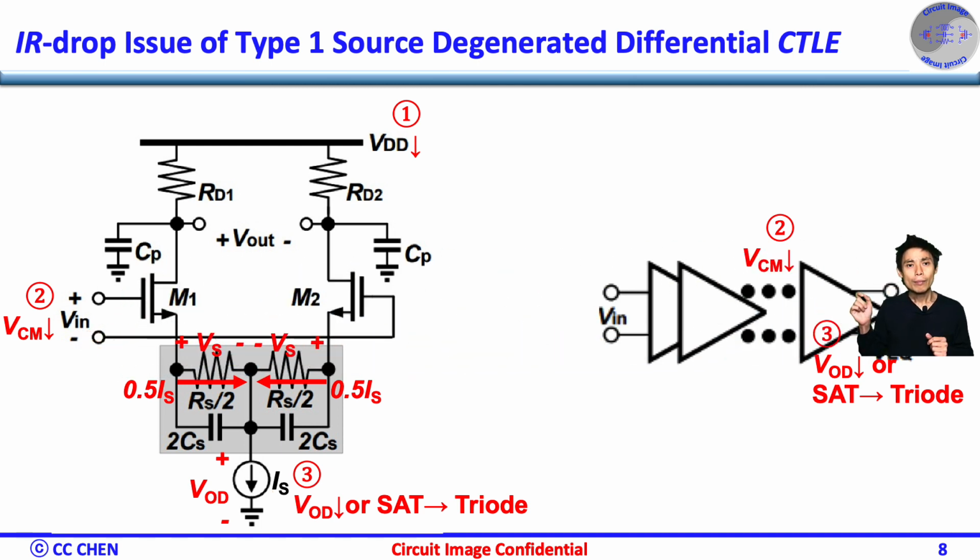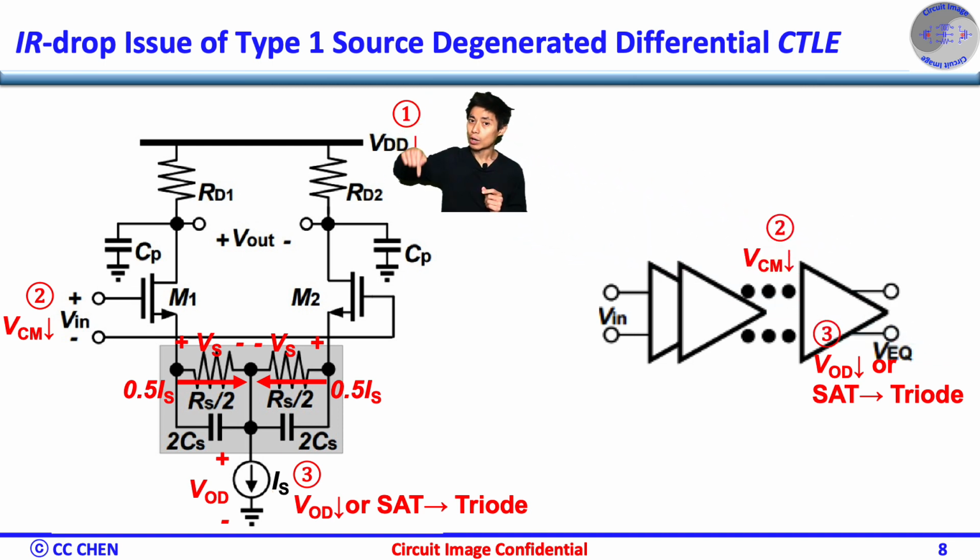Unfortunately, multi-stage CTLE must DC couple directly to reduce the design complexity and area overhead without any AC coupling requirement. Then, the previous stage output common mode voltage would be the limiting factor if the supply voltage drops. This would explain why in the advanced process node, along with the decreased supply voltage, the type 1 source degenerated CTLE is not so popular.